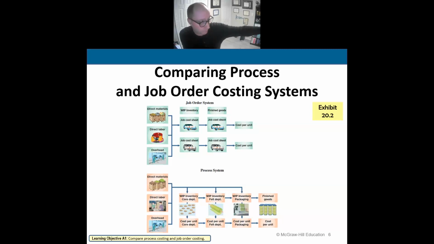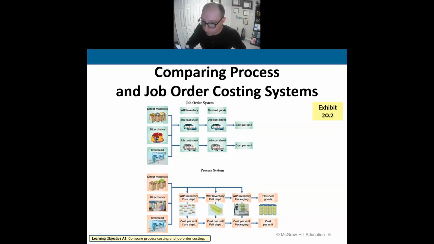And then I did it again. The molded plastic empty water bottle moves down the conveyor belt to the filling department, the second department. In this department, I'm adding more material, the water and the cap. I'm adding more direct labor, people doing this activity. And I'm adding more overhead, the lights for the filling department.